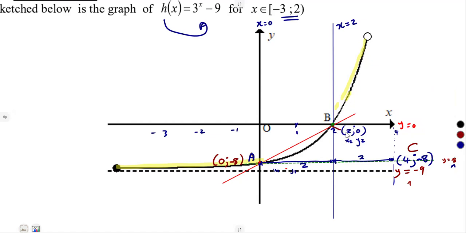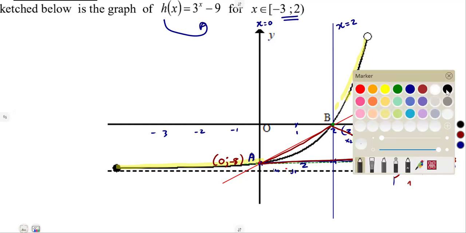If we join B to C like this, we have formed a triangle. And this triangle is actually a right angled triangle at the line of symmetry. It is an isosceles triangle in actual sense.